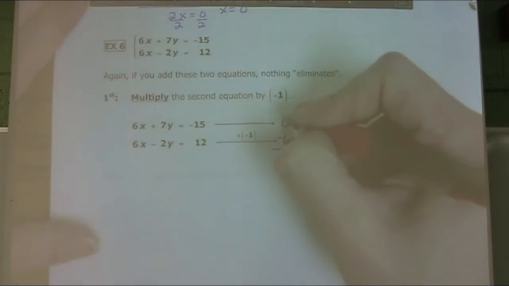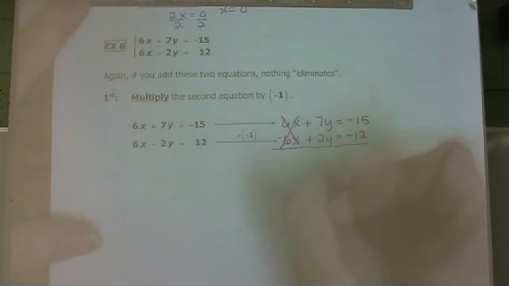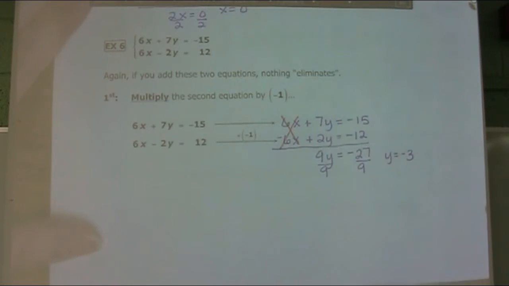When I do this, the 6x and -6x cancel to 0. They eliminate. 7y and 2y gives me 9y. -15 and -12 give me -27. Divide both sides by 9, and I get y equals -3.